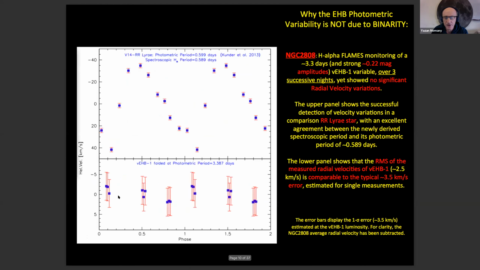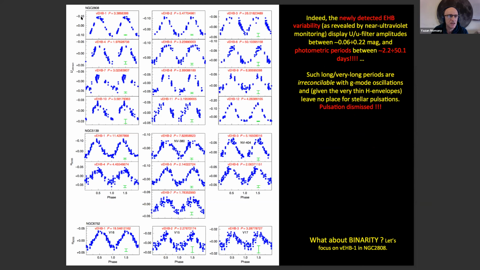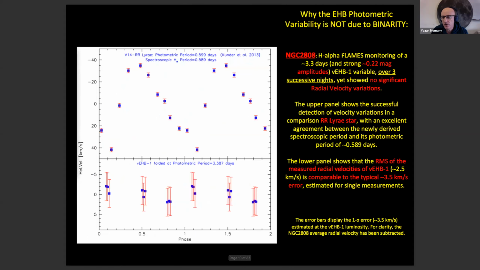How about binarity? As I said from the beginning, binarity is by definition excluded in the extreme horizontal branch stars in globular clusters, yet we did our exercise. For this star in here, which displayed a 0.2 amplitude variability in the U filter, we monitored it with FLAMES at UT2 for 3 nights, which matches its photometric period, and we did not find any significant variability of its radial velocities.